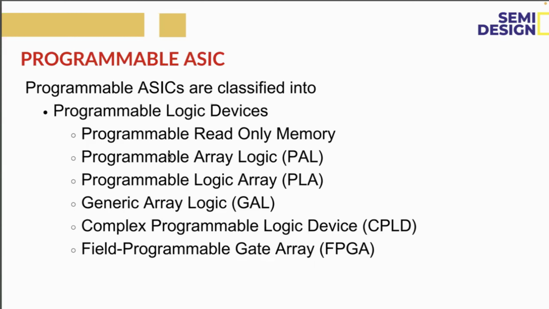Compared to all the remaining classifications, FPGA is faster and more efficient than other architectures. And it is also reprogrammable, which is one of the biggest advantages. So these are the advantages of FPGA. Everyone understood?